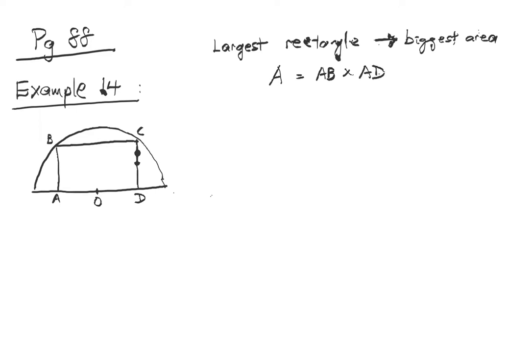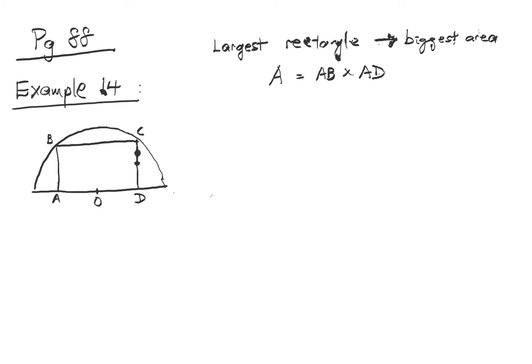Correct? But I have to put it in terms of certain value. So I let AB be X. Up to me. So it's up to me. Or I can let AD be X. Okay, and this question, if you look at the example given, they let the OD be X. Why?